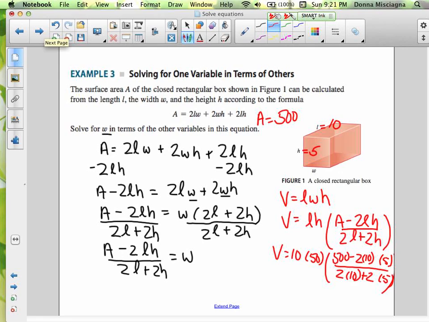So now all I would have to do is just simplify that, and I could find the volume even though I don't know the width. All right? So that would be a purpose for rewriting in terms of one variable.